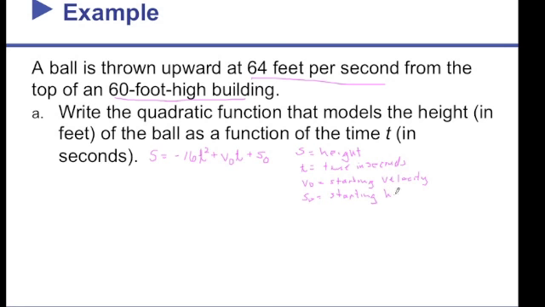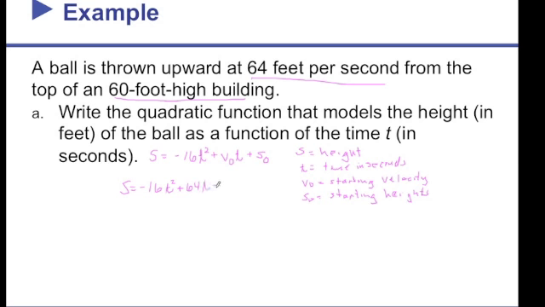And these are important things to know. You'll notice they're in your notes. Okay, so write the quadratic that models the height. So s equals negative 16 t squared, we don't know the time, plus the velocity. It's 64 feet per second. So that's my initial velocity. My starting velocity is 64t.